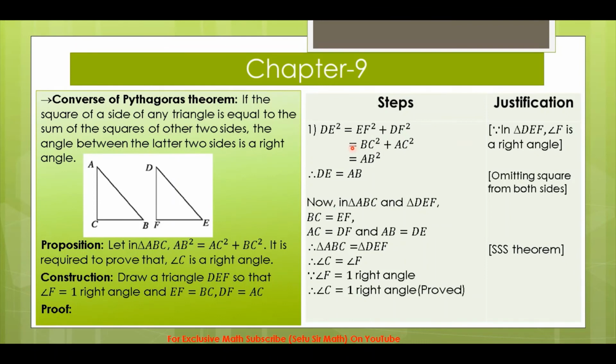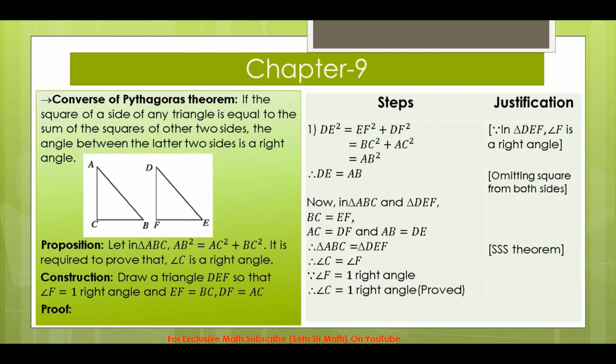So we can write BC square instead of EF square, and AC square instead of DF square. So instead of BC square and AC square, we can write AB square. Therefore DE equals AB, omitting the square from both sides. That means if the square is on both sides, we can omit them.